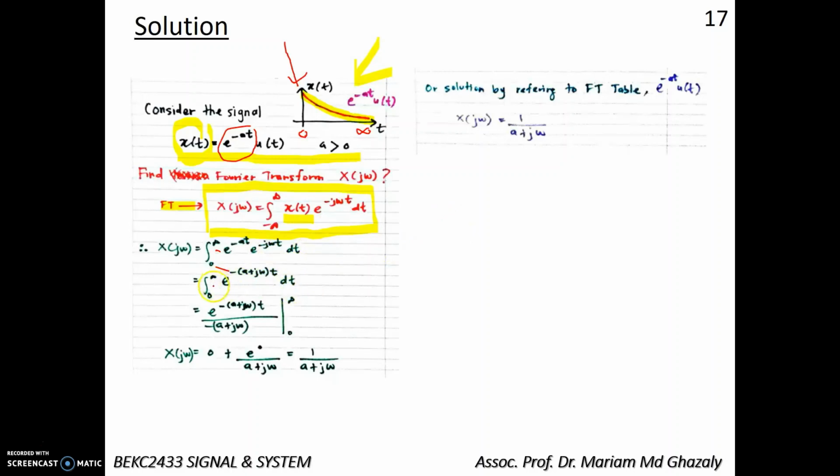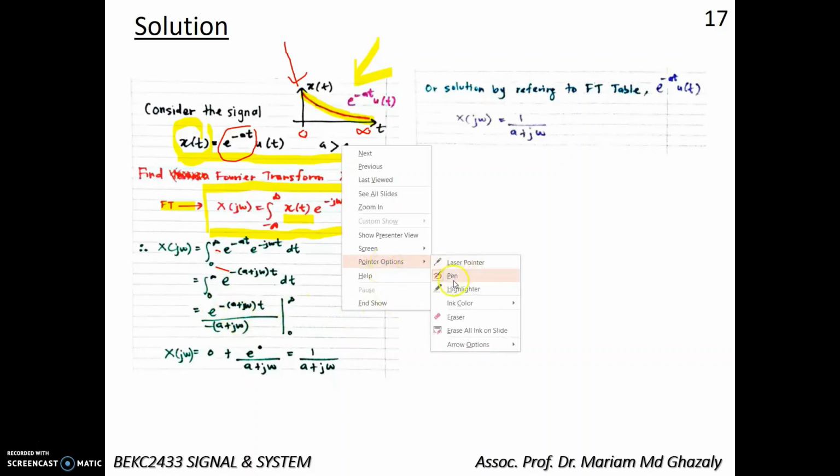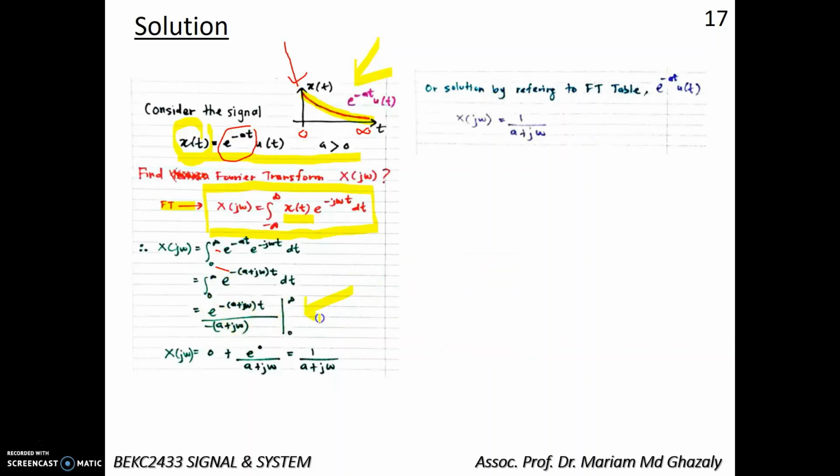You then group it together, which is you will expand it, and you will get e^(-(a + jω)t) dt. From here you need to get the solution for this integration. So you will get this equation here.